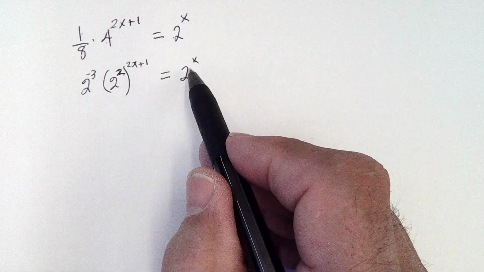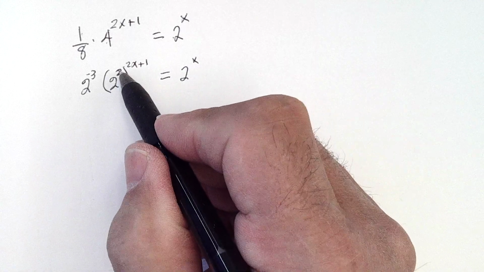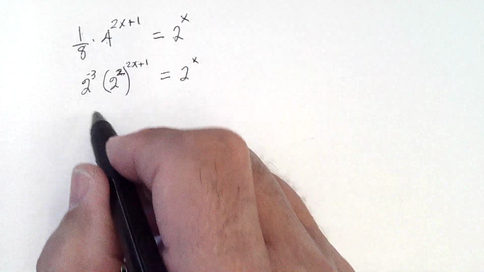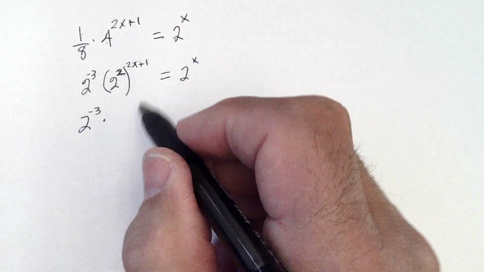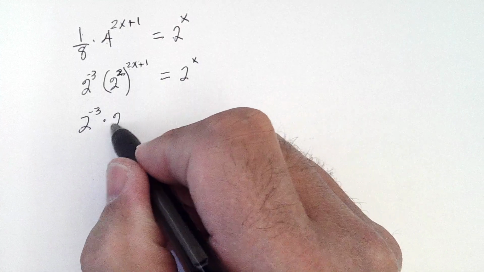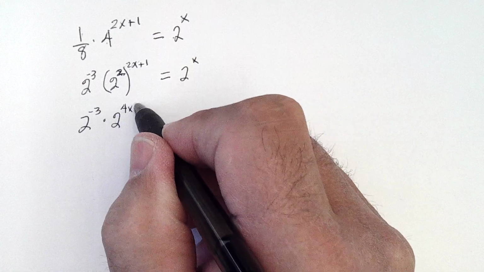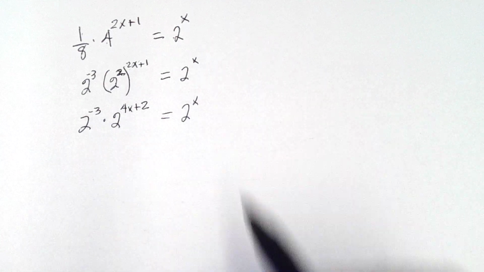Then we used our rules about powers, which was if we have a base to a power, we multiply them. So we get 2 to the negative 3, let's leave that alone, and we get 2 to the 4x plus 2 equals 2 to the x.